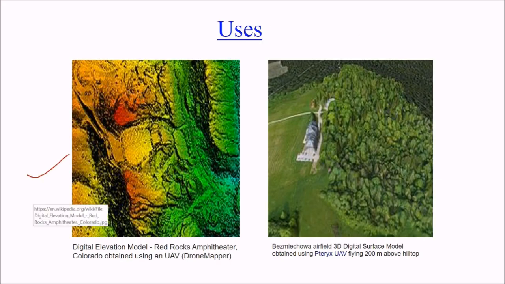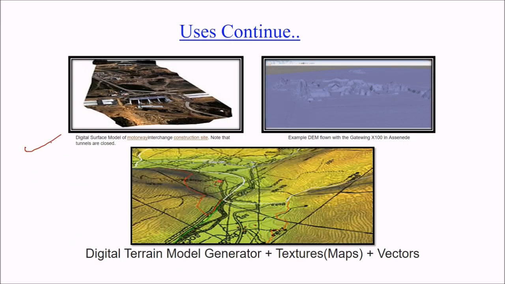This is the digital elevation model of Red Rocks Amphitheater, Colorado, obtained using UAV, and this is the Airfield 3D digital elevation model obtained using the UAV flying 200 above the hilltop. And the other uses are also there, like these tunnels which are being closed. These are model generators of the digital terrain model plus structure plus maps.